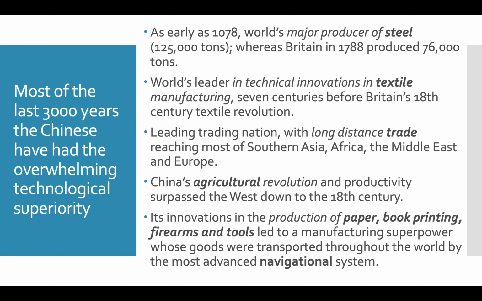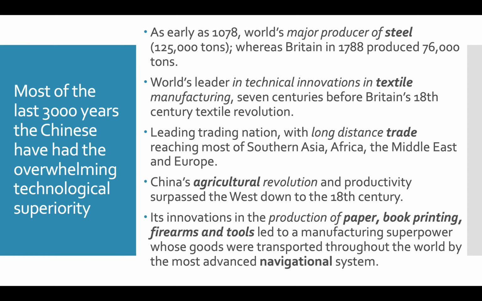So, in addition to trade, we also have China's agricultural superiority and productivity that vastly superseded anything that the West had, all the way from 3,000 years ago to the 18th century.